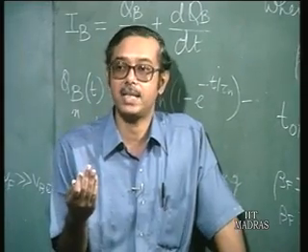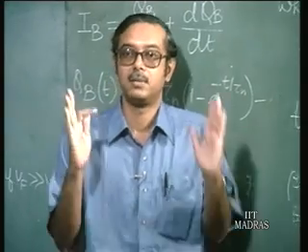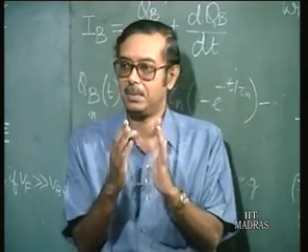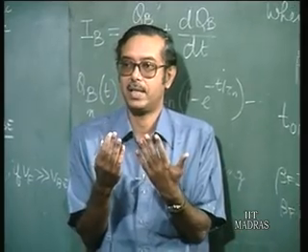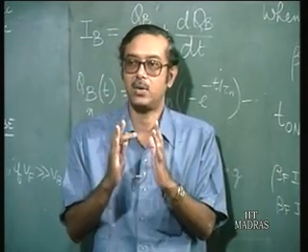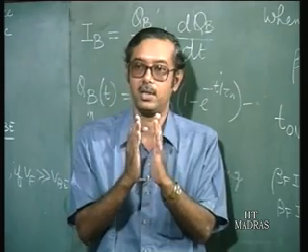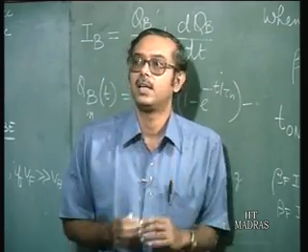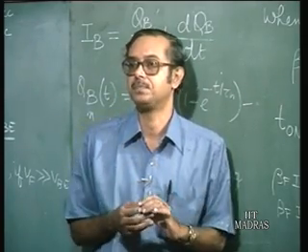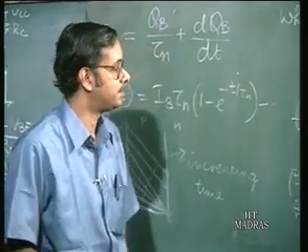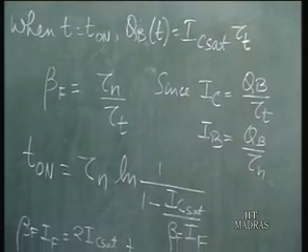How can you make the base transit time smaller? By reducing the base width, correct. So, that is the design of a good switching transistor. You must make tau n small, but at the same time you should make tau t much smaller, that is you must have as small a base width as possible. All right. So, this is the switching on transient.